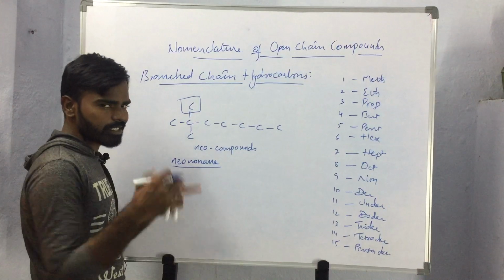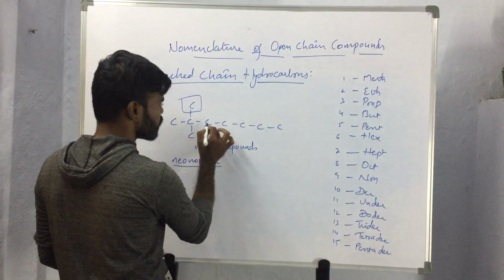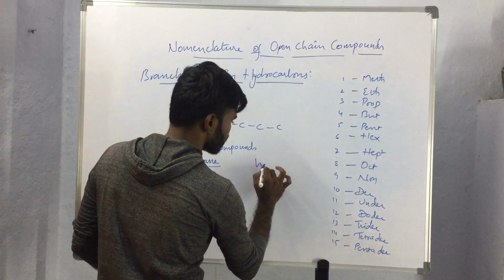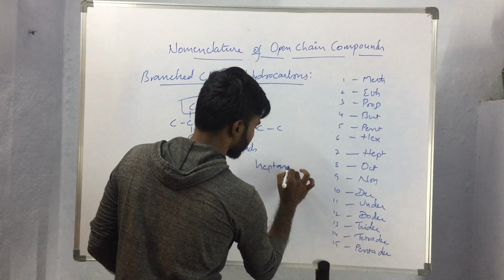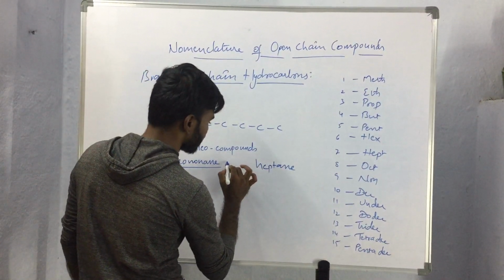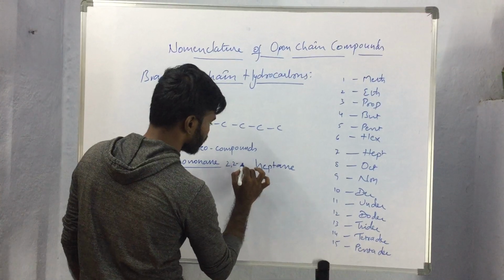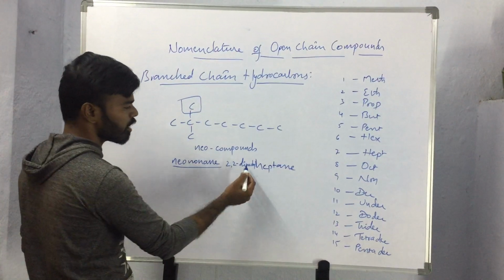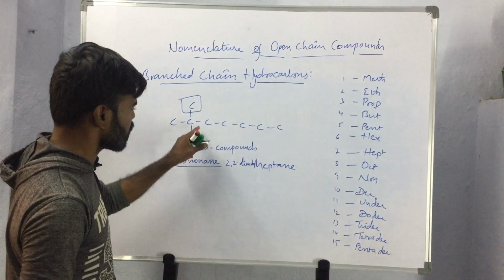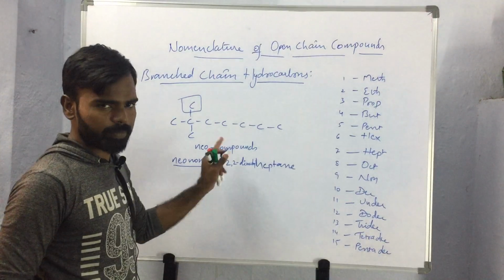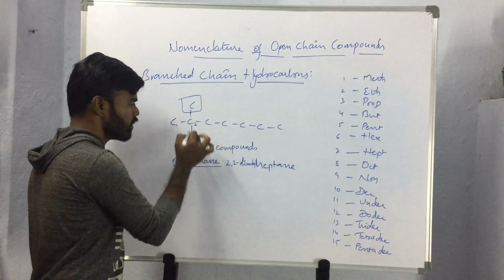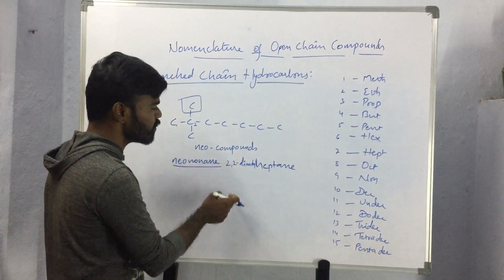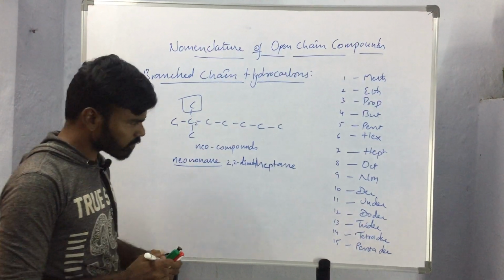Or if we give the systemic name to this compound, 1, 2, 3, 4, 5, 6, 7. So the 7 carbon atom chain will be the longest possible continuous chain, that is heptane, and on the second carbon atom we have 2 methyl substituents. So 2,2-dimethyl heptane. The systemic name for this compound will be 2,2-dimethyl heptane, because the second carbon atom is having 2 methyl substituents.